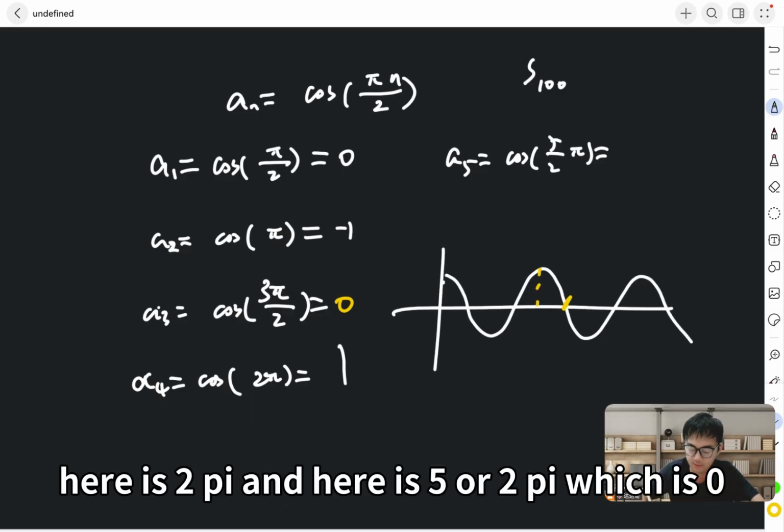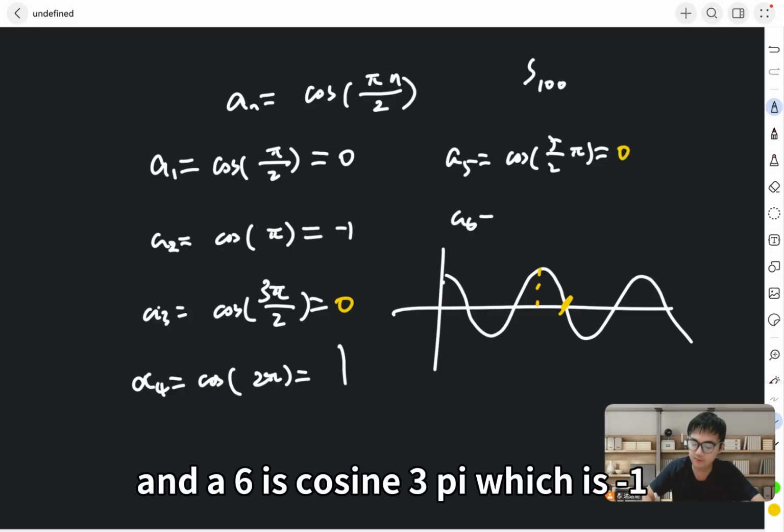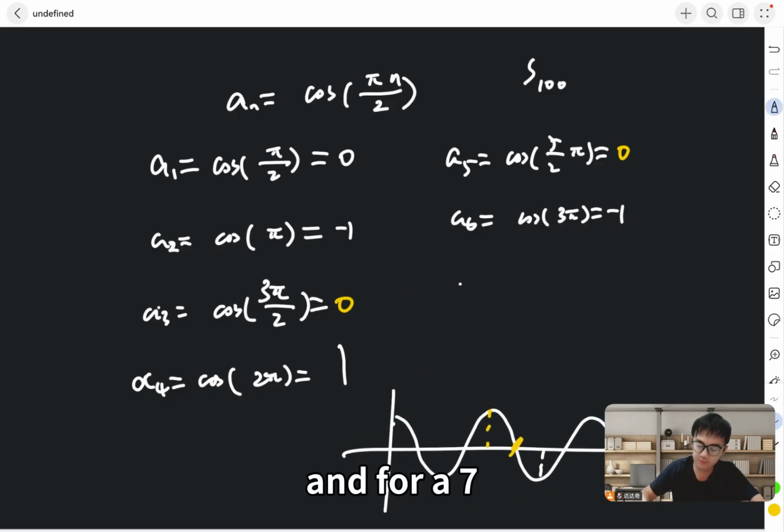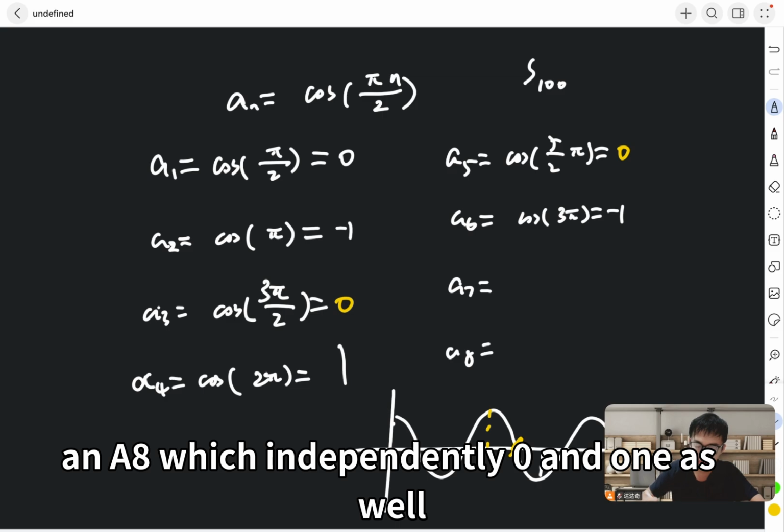Here is 2 pi and here is 5 over 2 pi, which gives 0. And a6 is cosine 3 pi, which is -1. And a7 and a8 are 0 and 1 respectively.